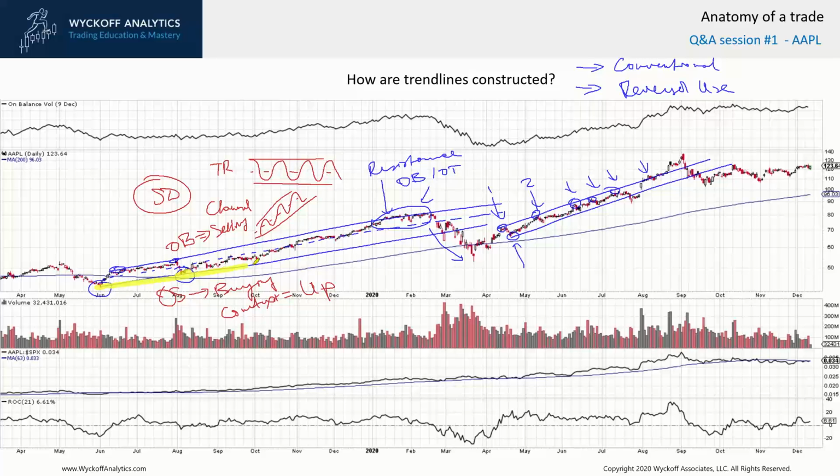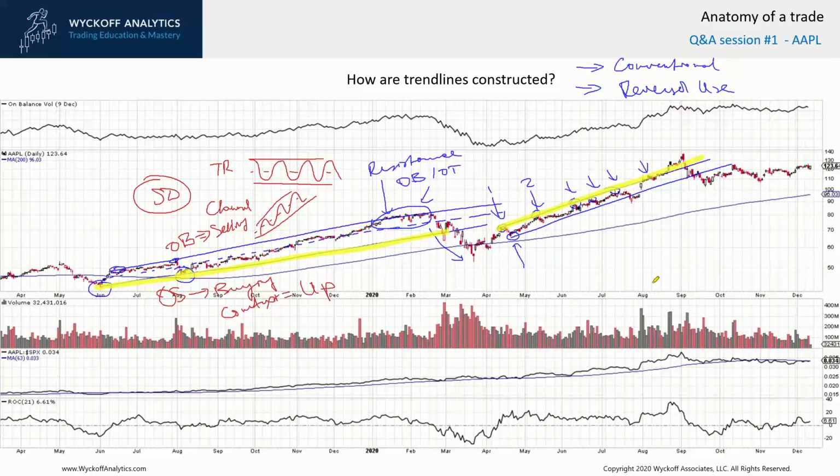And a conventional downtrend would be starting with the lows and connecting them first in a downtrend. Okay, I'm sorry, I got that backwards. I'm confusing myself. Starting with the highs in a downtrend, but at any rate, it's just where you draw the first line in the trend.